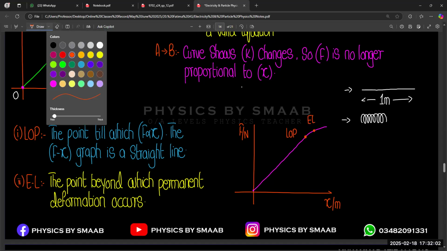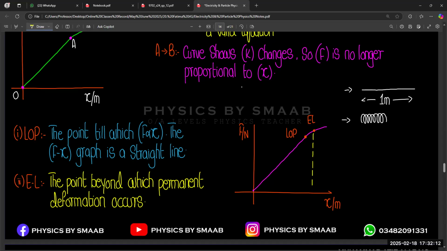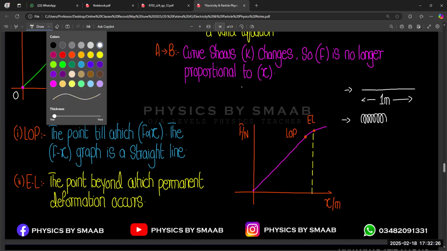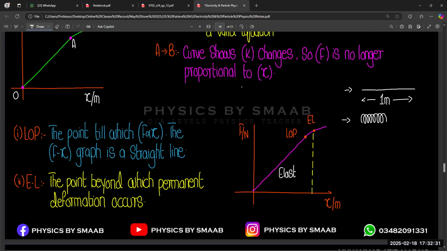So if we draw a projection from the elastic limit, the first region, or the region on the left hand side, is called the elastic region. And this is called the plastic region.